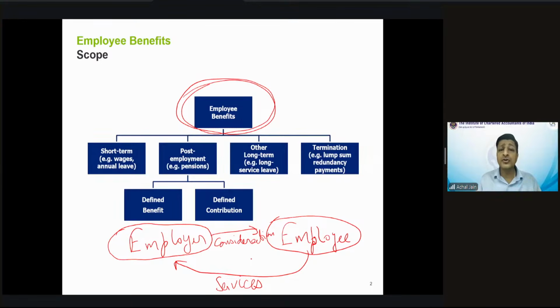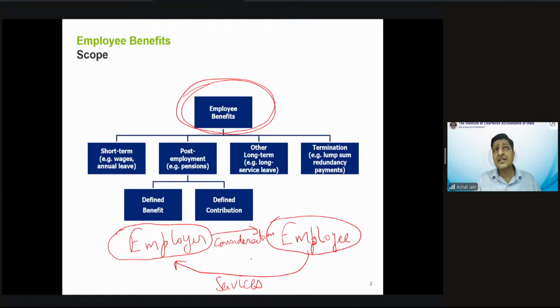That is what constitutes an employer-employee relationship. This is another important area for you to understand, what will constitute an employer-employee relationship, because until we have an employer-employee relationship, we cannot go to employee benefits.